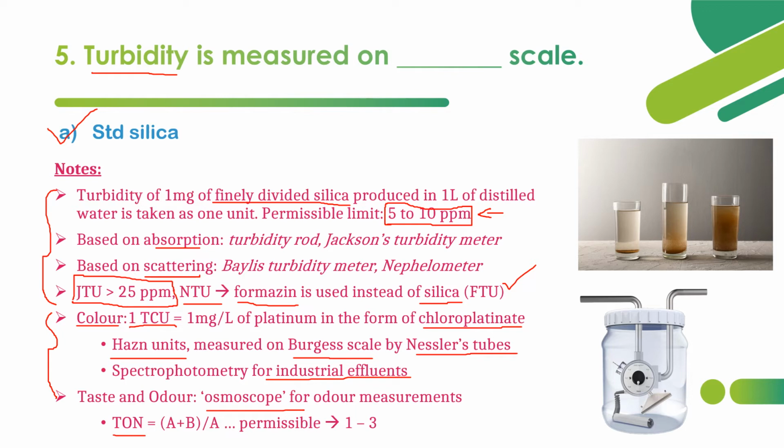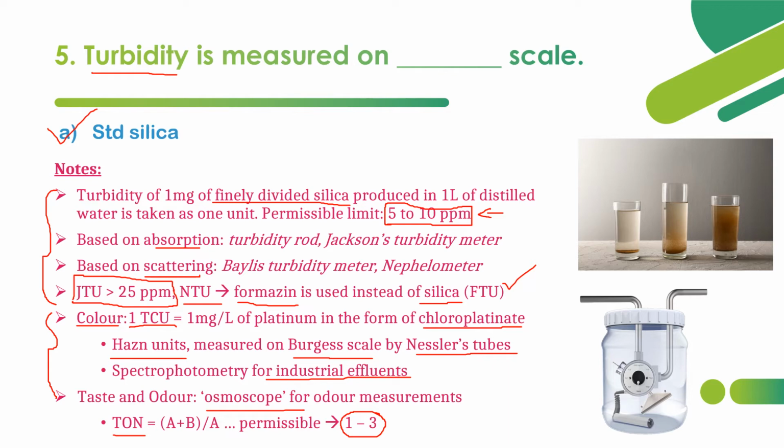So (A plus B) by A gives some value, and that value shall be in the range 1 to 3 for drinking or domestic water. So these are some physical quality parameters used to find the quality of water.